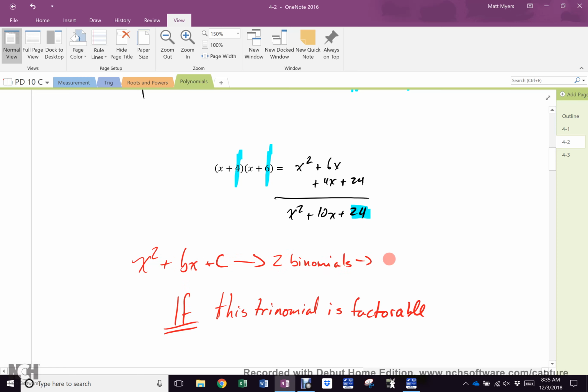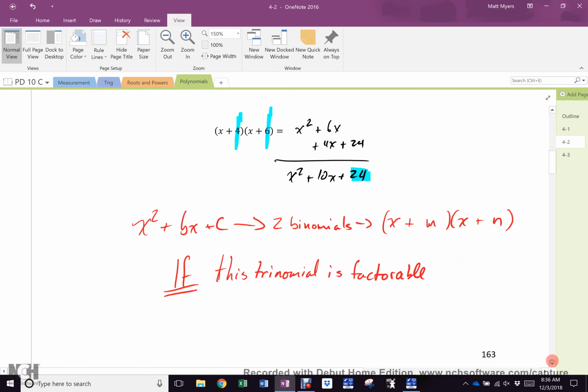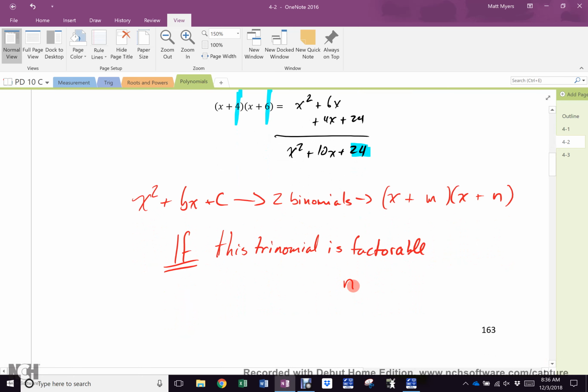Those 2 binomials are x and x, plus 2 other letters, m and n. And how it works is m plus n has to equal b, and m times n has to equal c. And once you can find that combination, you can factor a trinomial.